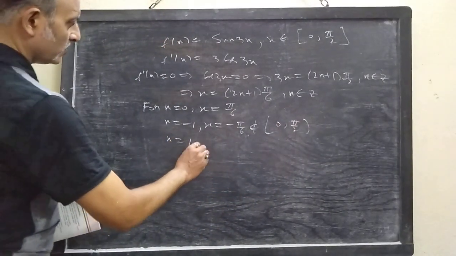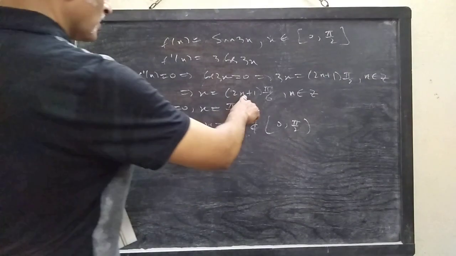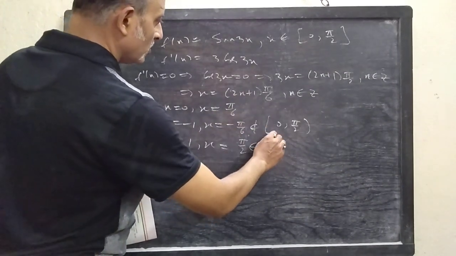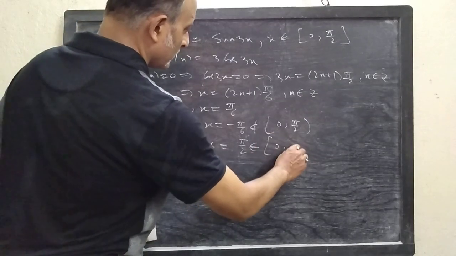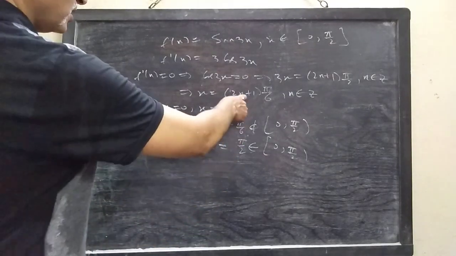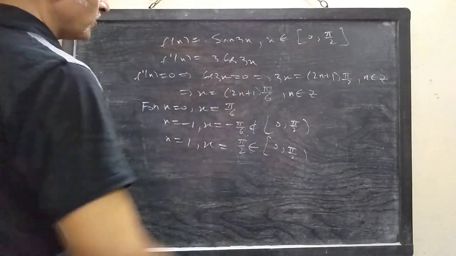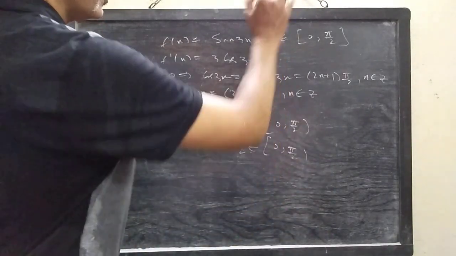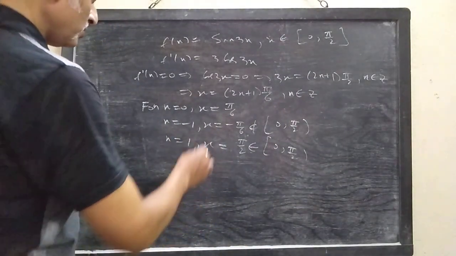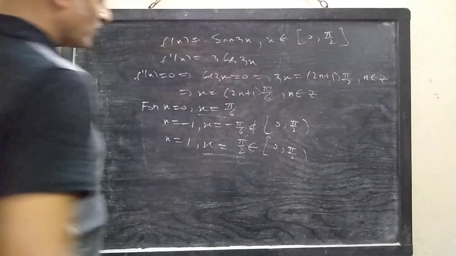For n equals 1, your x equals 3 pi by 6, that is pi by 2, which belongs to closed 0 to pi by 2. If you take n equals 2, then it will be 5 pi by 6. This is beyond the interval. So we have to consider only these 2 points.